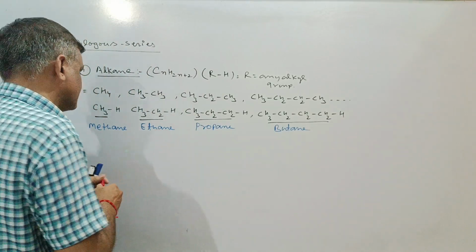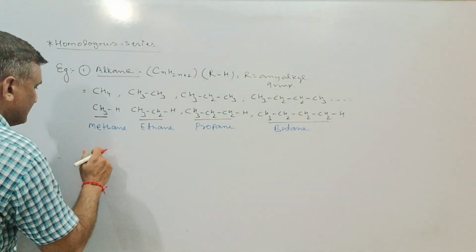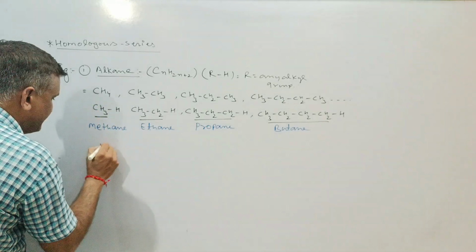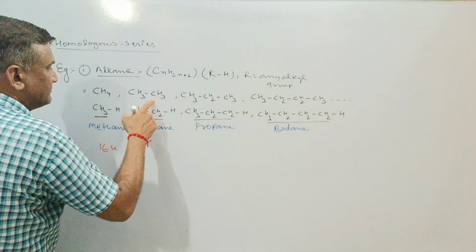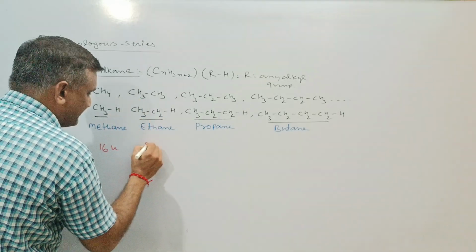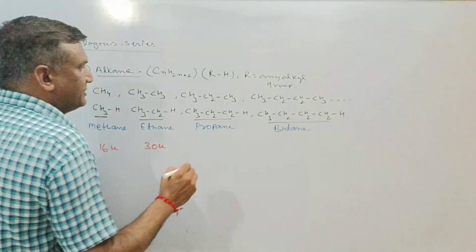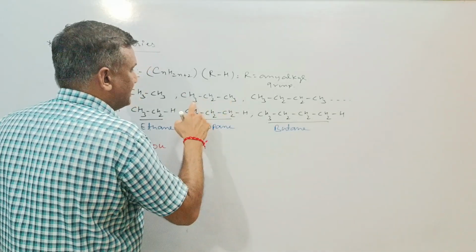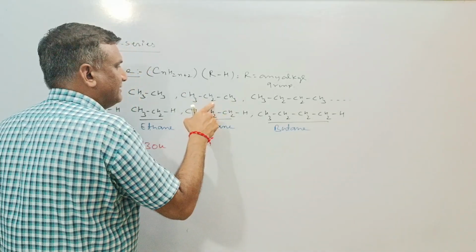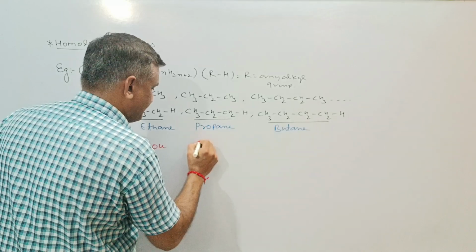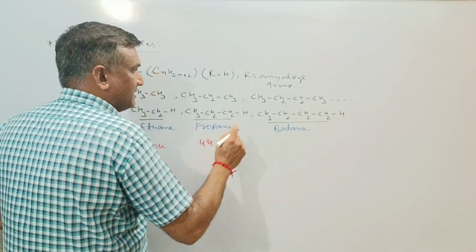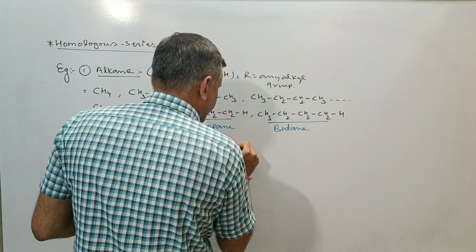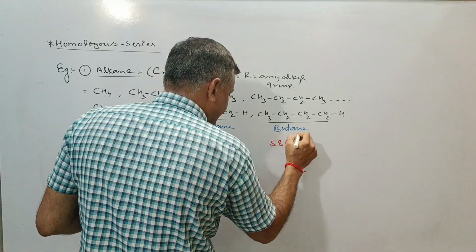If we go with the molar mass, for the first, 12 plus 4, it will be 16 unit. Then 24 plus 6, it will be 30 unit. Then 36 plus 8, it is 44. And this is 58 unit.